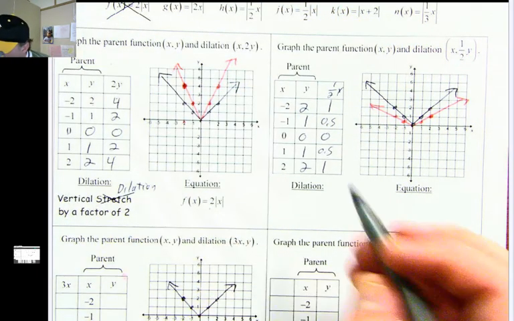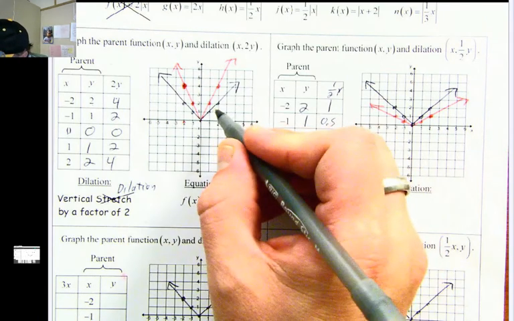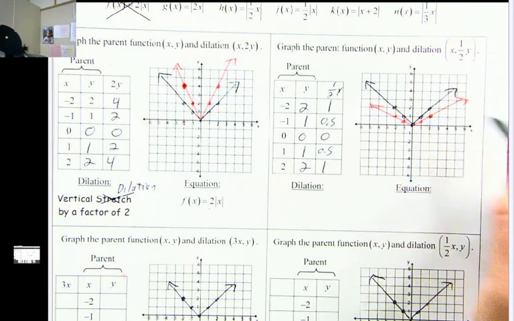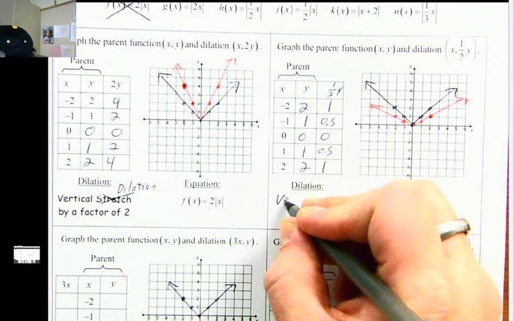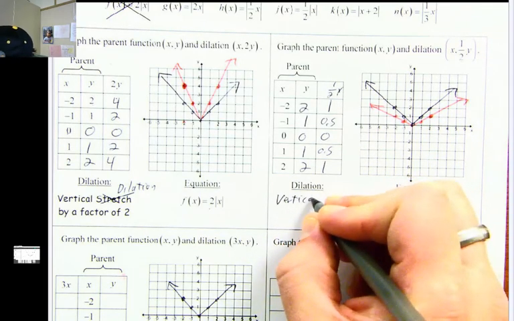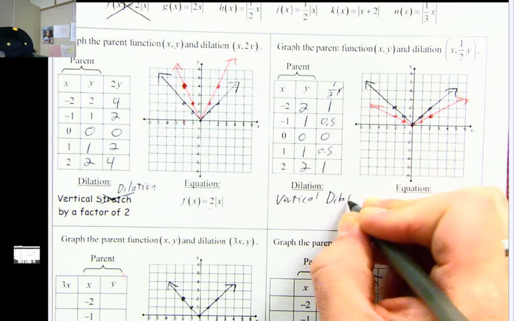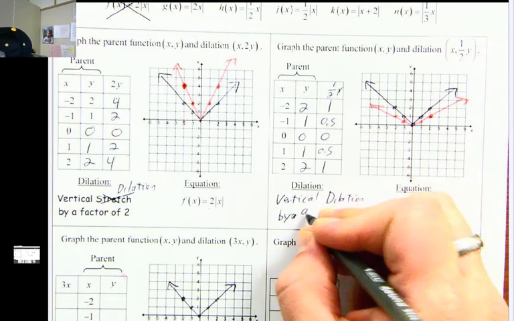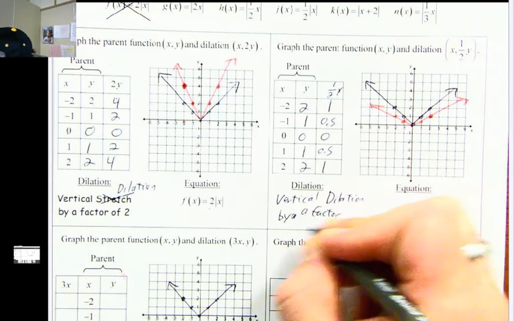And I think hopefully what you're noticing is that instead of these y-coordinates getting multiplied by 2, these y-coordinates got multiplied by 1/2. So this is a vertical dilation by a factor of 1/2.